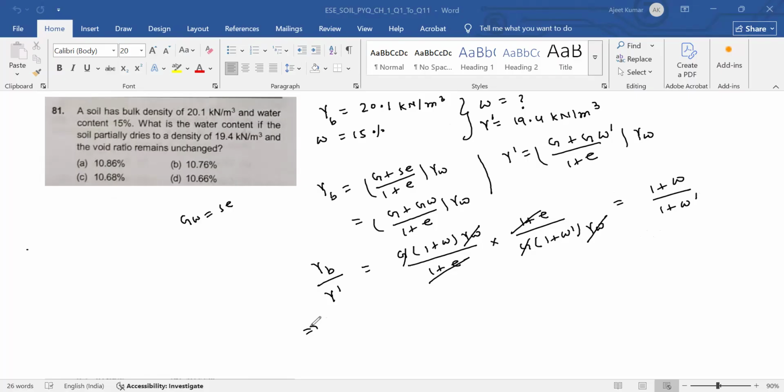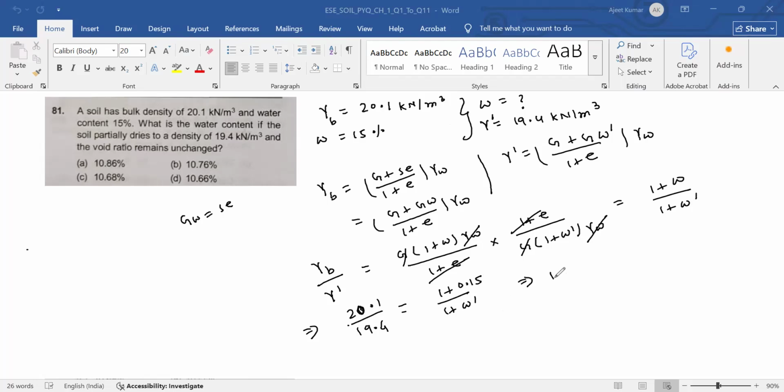Okay. So from here, gamma B is 20.1, and 20.1 divided by gamma prime is 19.4. This is equal to 1 plus W divided by 1 plus W prime, and W is nothing but 15%, so you can take this as 0.15.